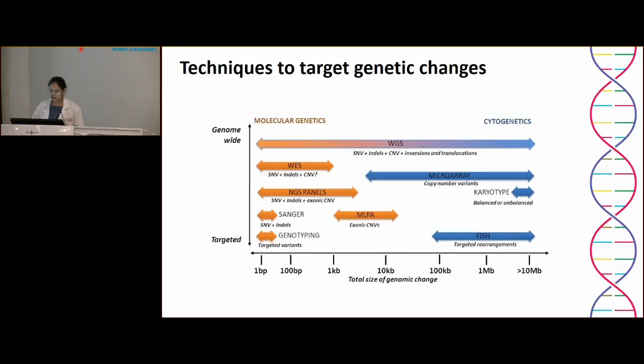Then come the NGS panels, then finally whole exome and whole genome sequencing. Copy number variations can be detected by MLPA, FISH, and other microarray techniques. And chromosomal aberrations can be detected by karyotyping. So in today's class, we are looking at these techniques, which come under the umbrella term of molecular genetics.